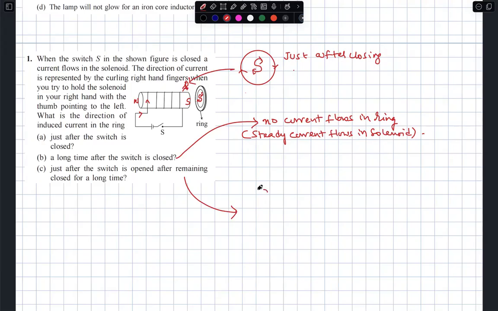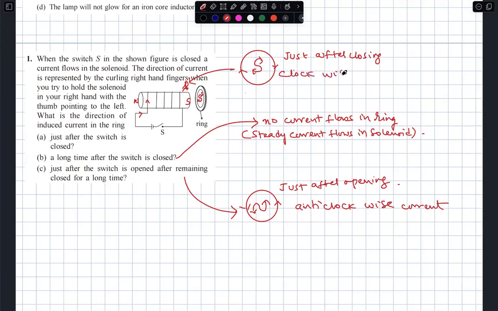So therefore, in that case, it will induce a north pole, which means just after opening, you will see an anti-clockwise current. But only during closing, the ring will be pushed away. Clockwise.